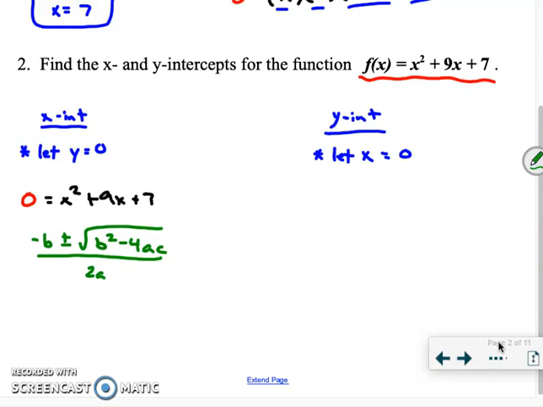So in substituting in, b is 9, so the opposite of 9, plus or minus the square root of 9 squared minus 4 times a, which is 1, times c, which is 7. It's all under the radical. And this is all over 2 times a, or 2 times 1.